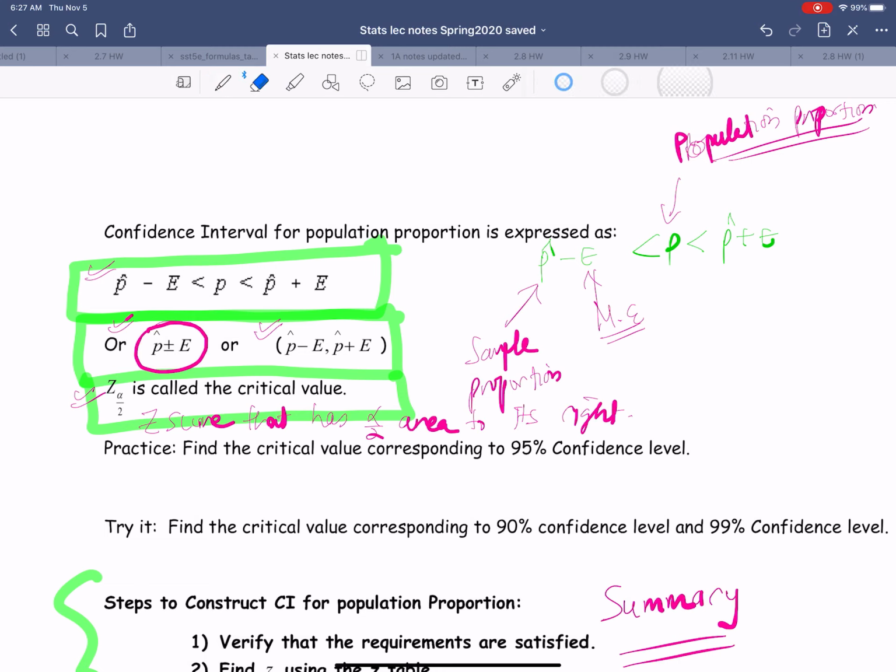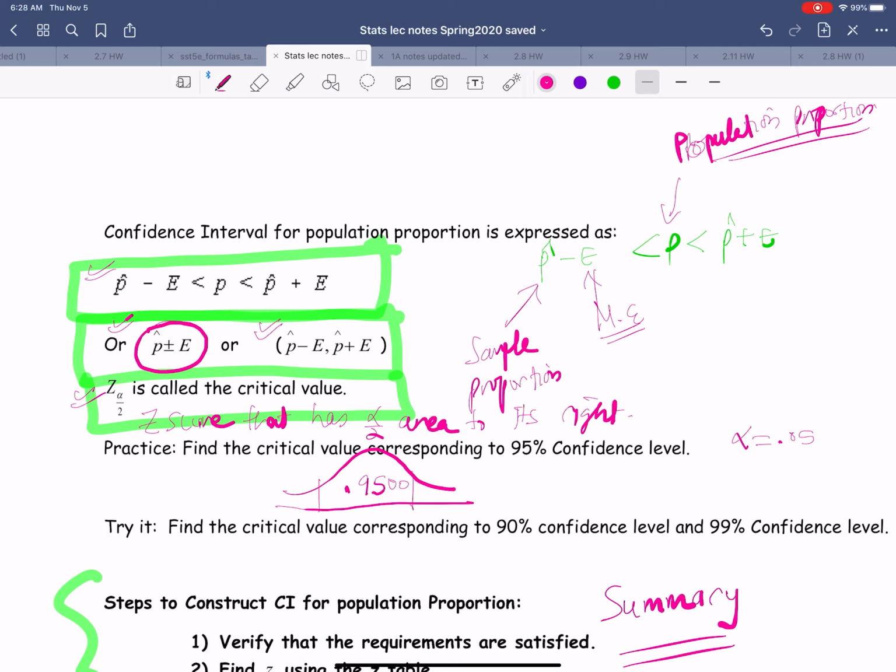Okay, find the critical value corresponding to 95% confidence level. So for 95% confidence level, that means 95% area is in the middle. This is 95% area, and the remaining 5%, so alpha is 0.05, because alpha and confidence level together are going to be 100%.